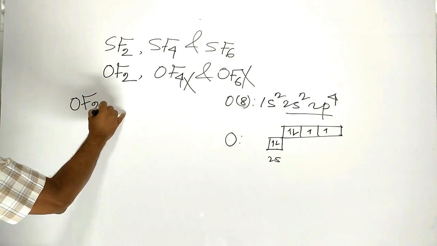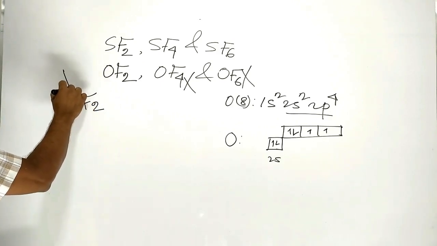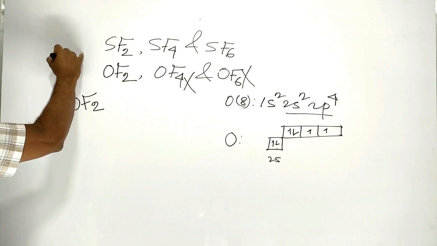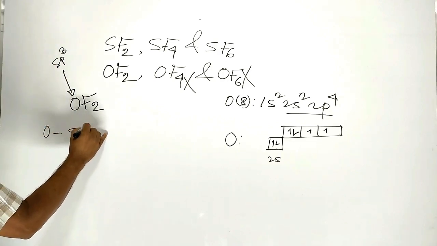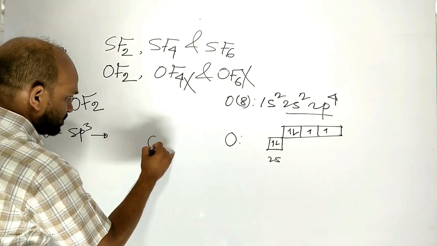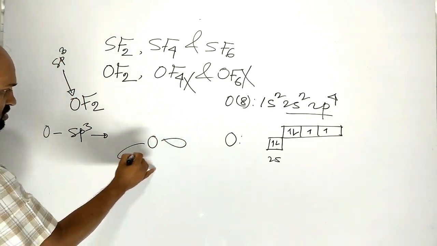Now let's see oxygen difluoride. Here oxygen undergoes sp3 hybridization, and shape is like this.